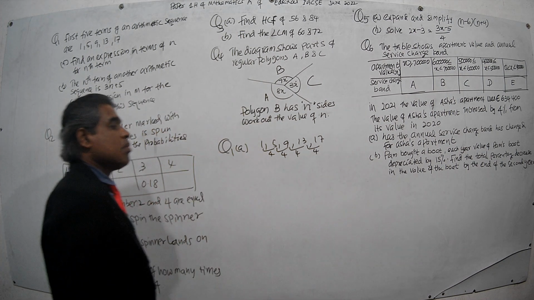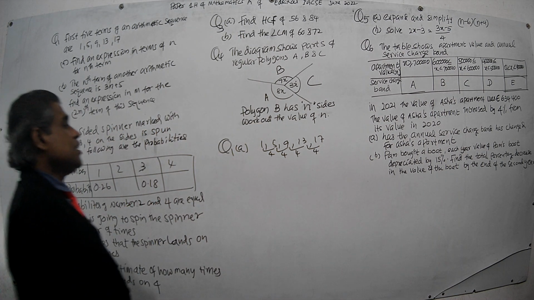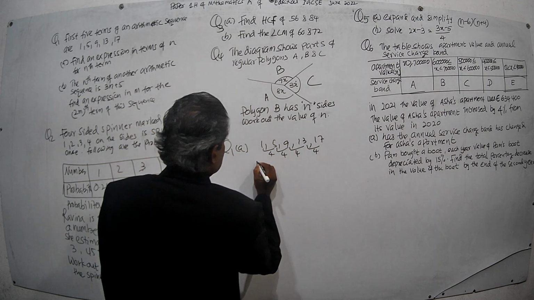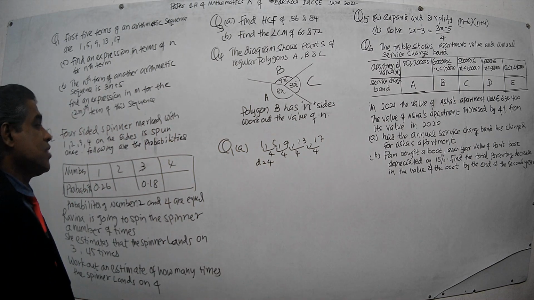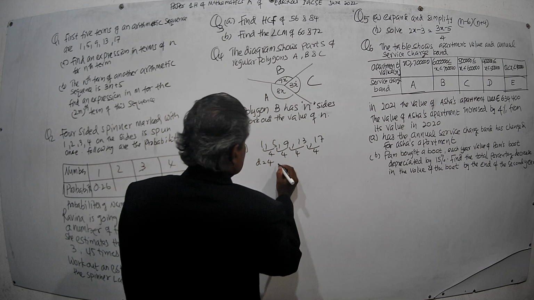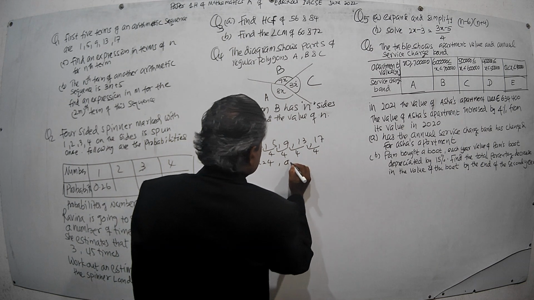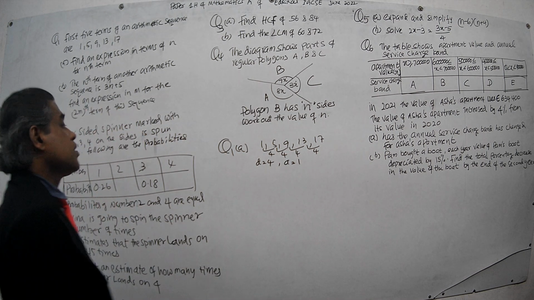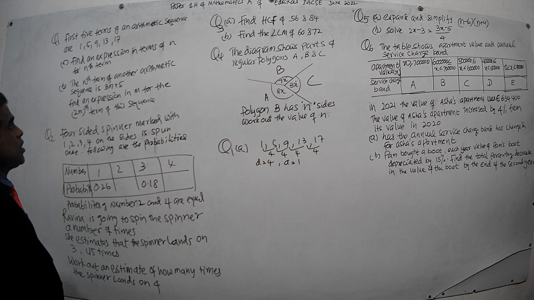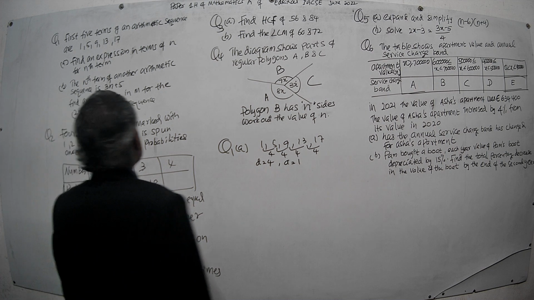Common difference is 4, denoted by D. D equals 4. Then the first term is denoted by A, and the first term here is 1. Now we are asked to find the expression in terms of n.